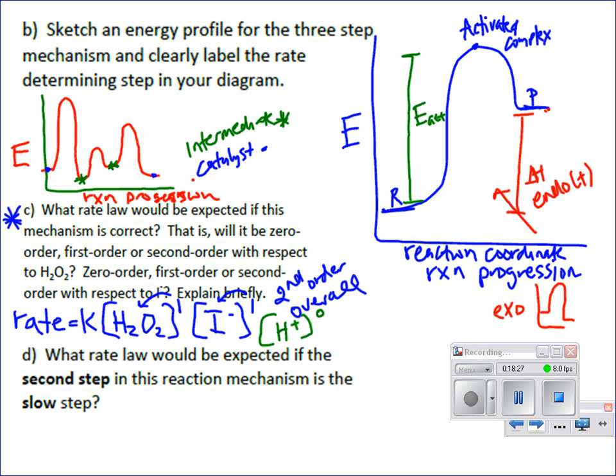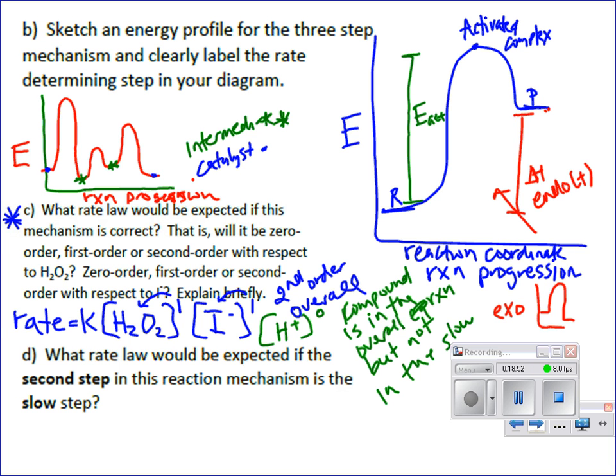And that's what 0 order is. 0 order means that the compound is in the overall reaction, but not where? Exactly, but not in the slow step. So it has no effect on the rate. So I can increase this concentration all day long and it would not change the rate of the reaction.